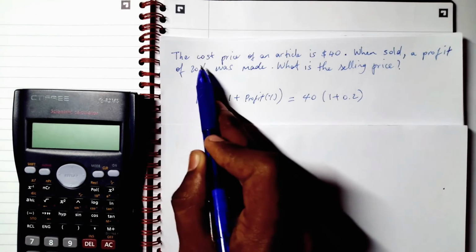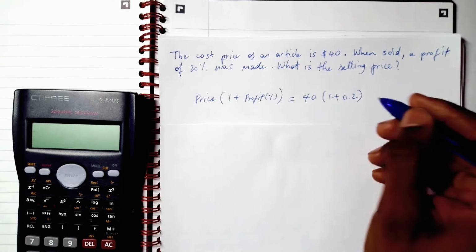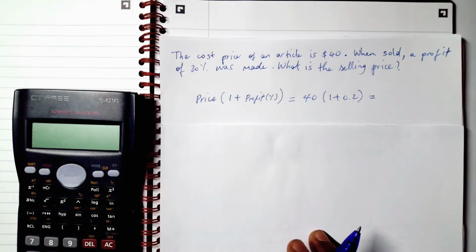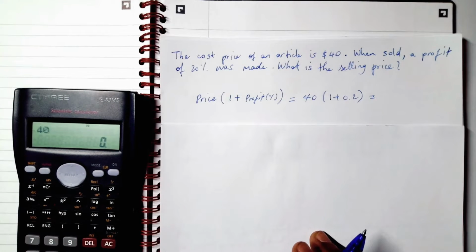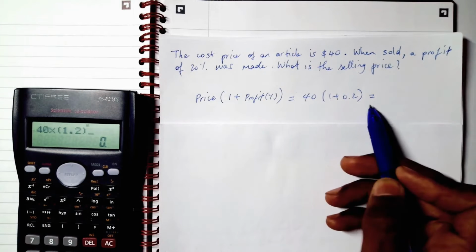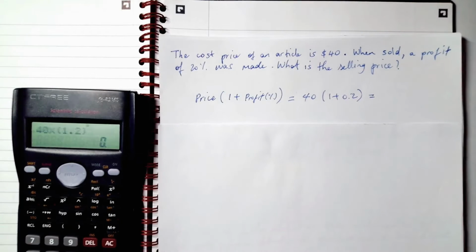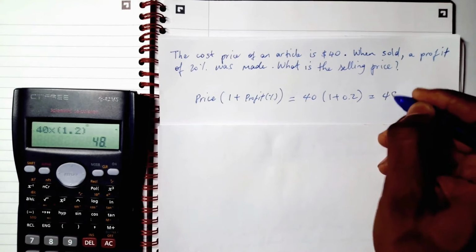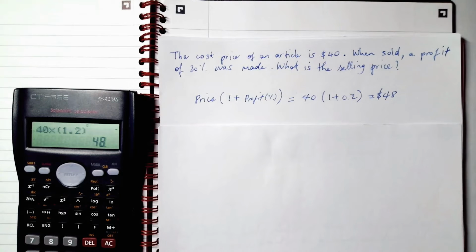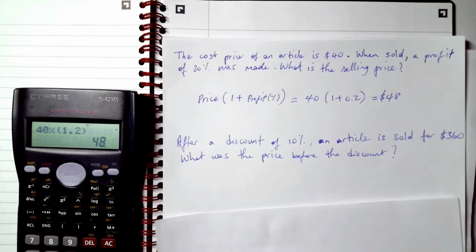So our answer is 40 multiplied by 1.2, which is 1 plus 0.2, and the result is, of course, 48. So when you bought the article for $40 and sold it at a profit of 20%, the selling price now becomes $48. Very simple. Moving on to the next example.